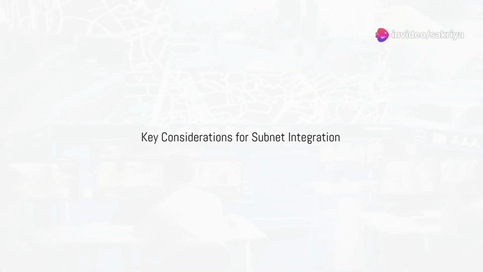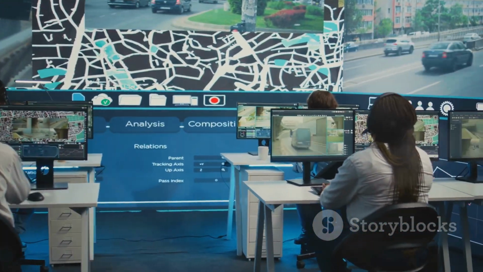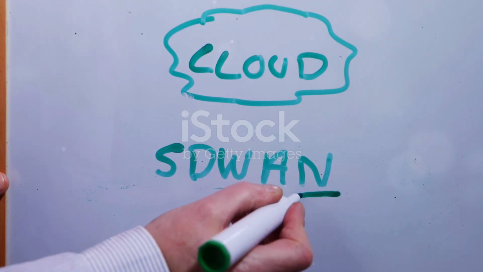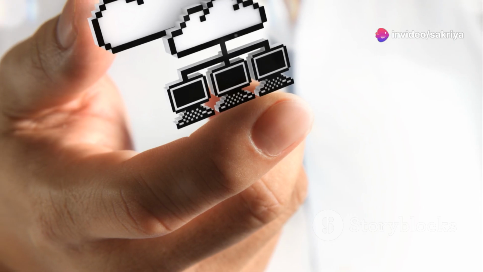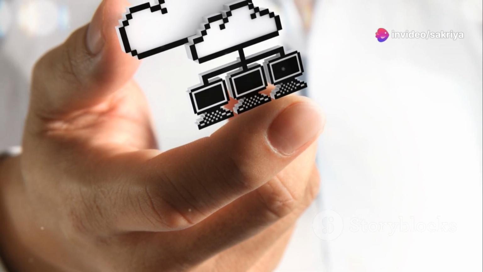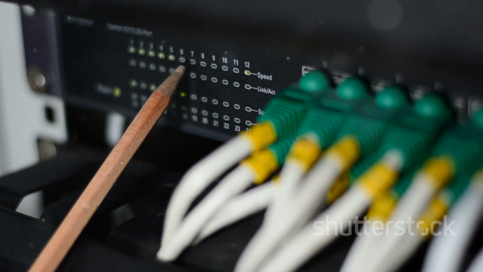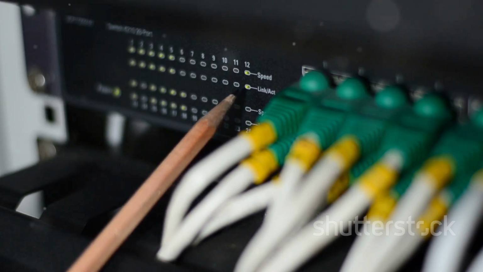Section 7. Key considerations for subnet integration. When integrating subnets with AWS Transit Gateway, there are several key considerations to keep in mind. These include subnet size, availability zone placement, and security. Subnet size is important because it determines the number of IP addresses available to instances within the subnet.